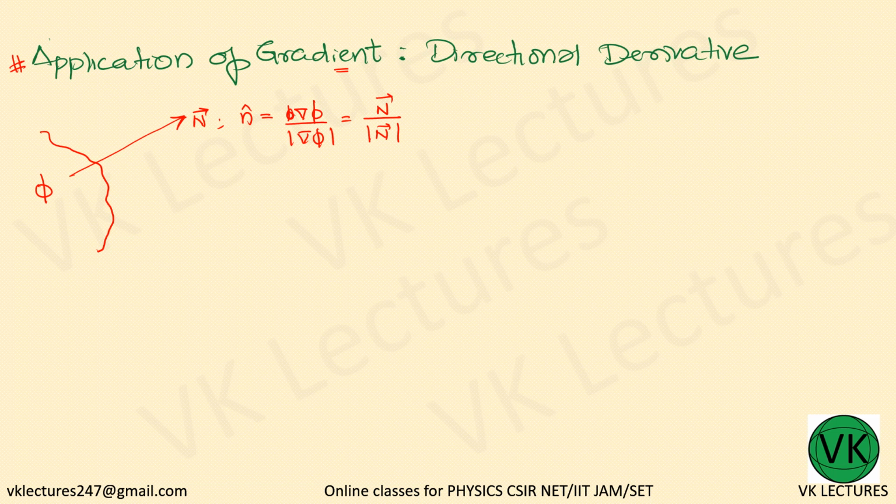But I don't want the maximum increase or decrease. I want, in a certain direction, what is the change, how fast. The idea of the directional derivative is how fast the function phi changes along a particular direction.